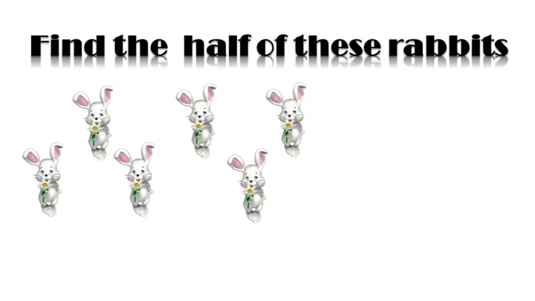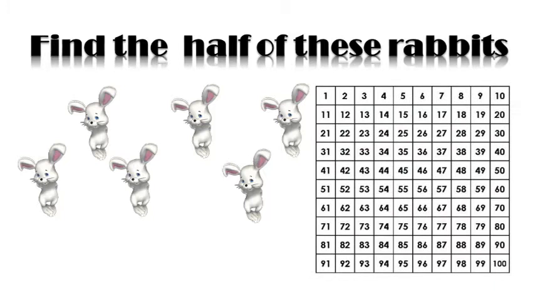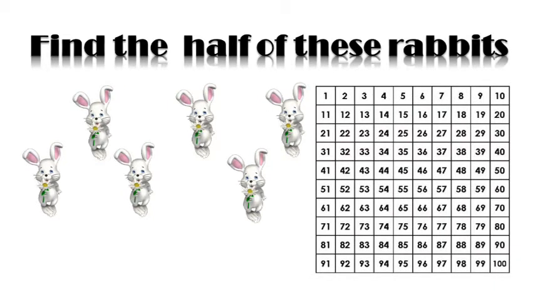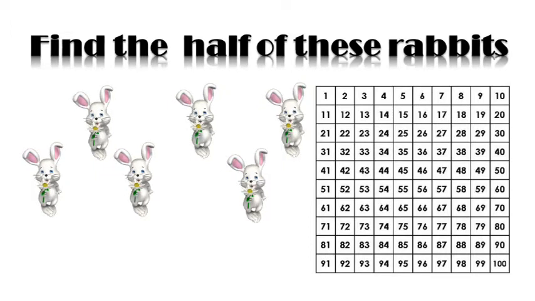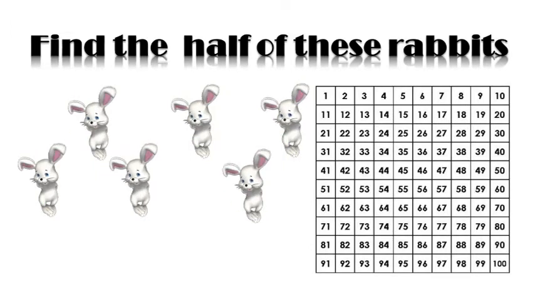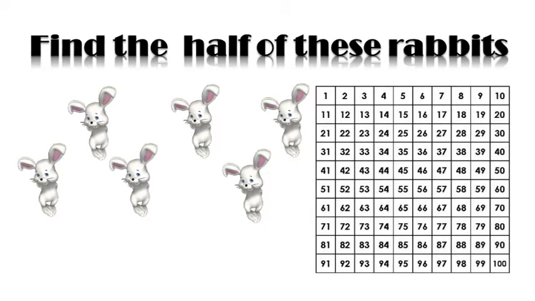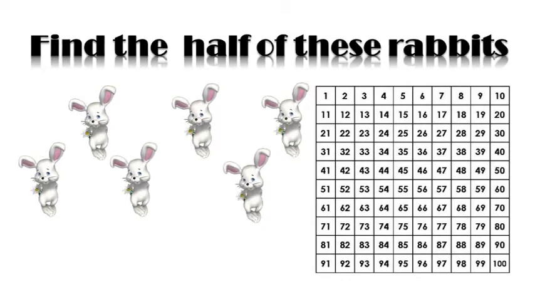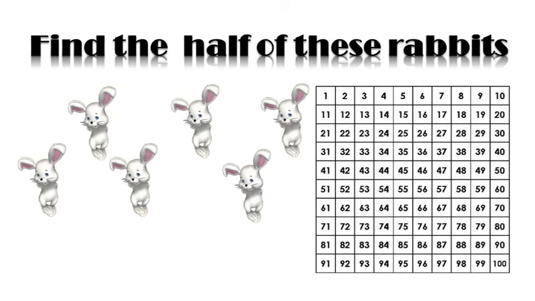Can you find the half of these rabbits using a number scale? How can we find half of these rabbits using a number scale? Yes, here we need to count backward. So at first we need to find how many rabbits are there. So tell me how many rabbits are there?